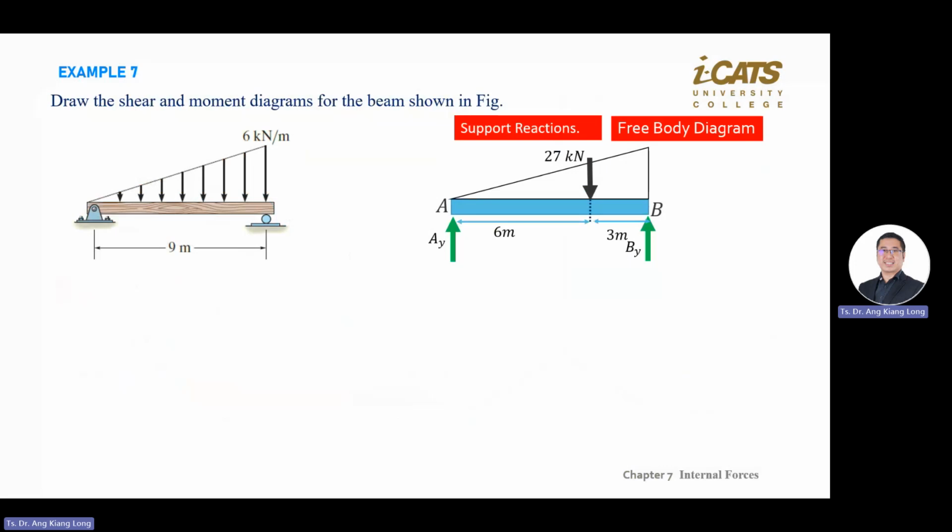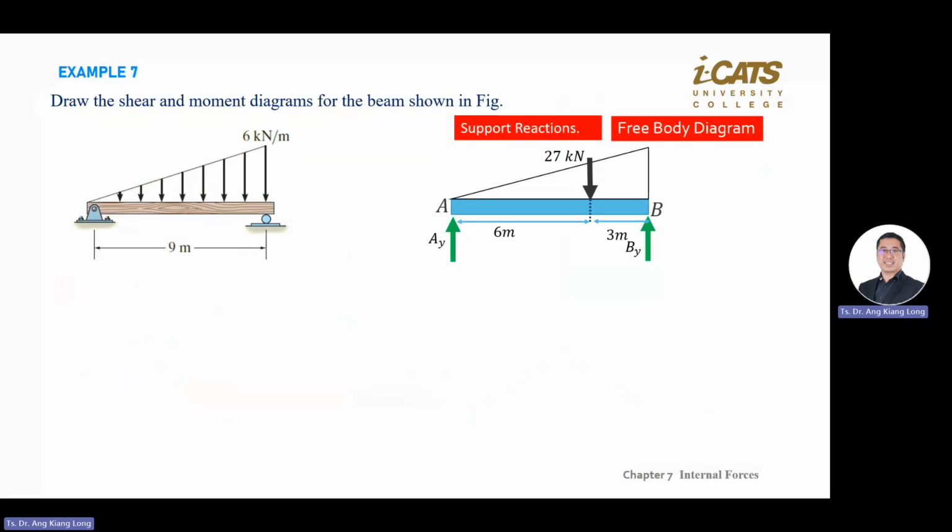Why triangular focus load? Where is the focus load? Here, 1/3 from the base. So that's why.